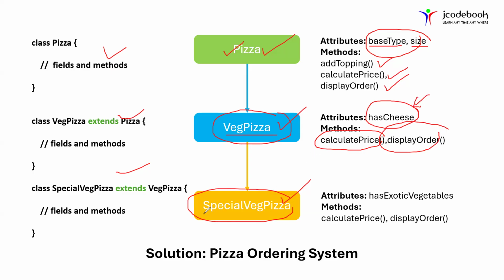Now the third class, SpecialVegPizza, will add one more attribute, hasExoticVegetables, meaning whether you would like to add more vegetables or not. In the same way you will override calculatePrice and displayOrder in the subclass SpecialVegPizza, and you will display the details.